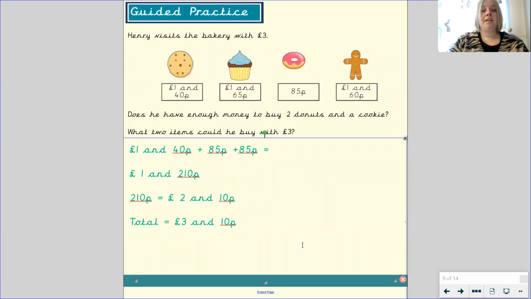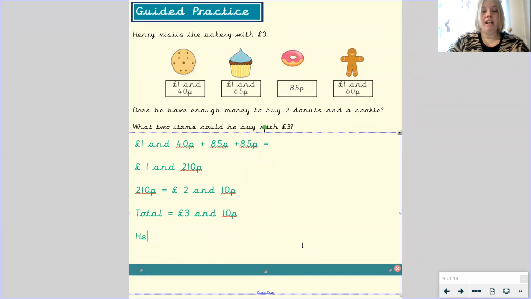So, Henry could buy 2 donuts. Let's work out how much 2 donuts cost.